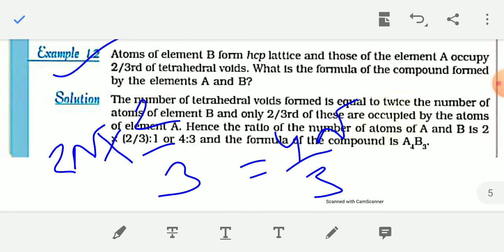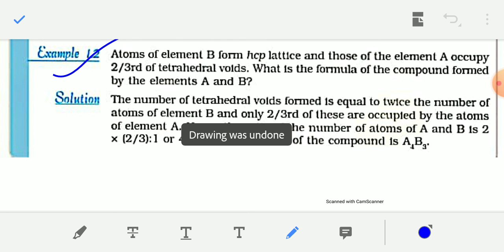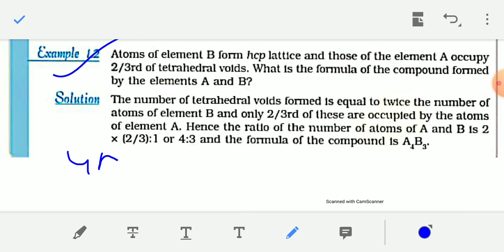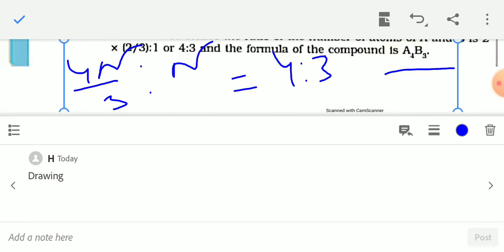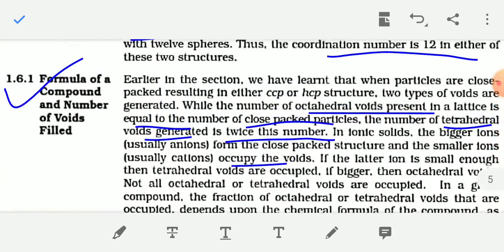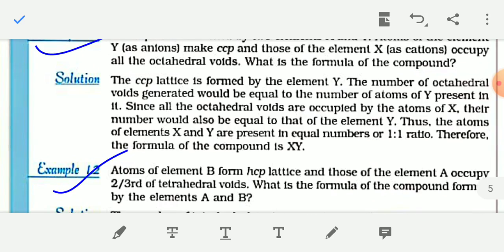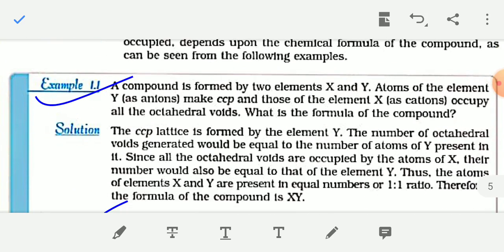So the ratio of the number of A atoms to B atoms is 4n by 3 is to n, that is 4 is to 3. The formula of the compound is A4B3. So you have to practice this type of calculation of empirical formula. Bye students.